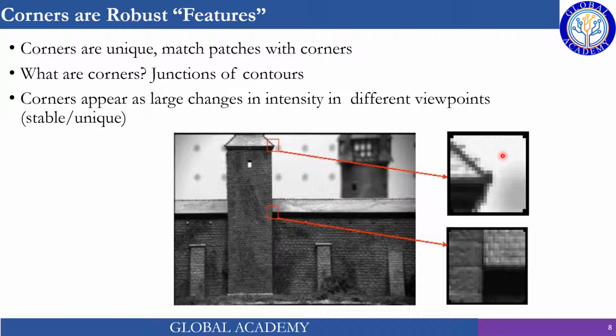The simplest way would be to compute just a coordinate, save that coordinate, and then based on that coordinate or set of coordinates, match this image with some other image. So computing corners would be a robust algorithm to match images.